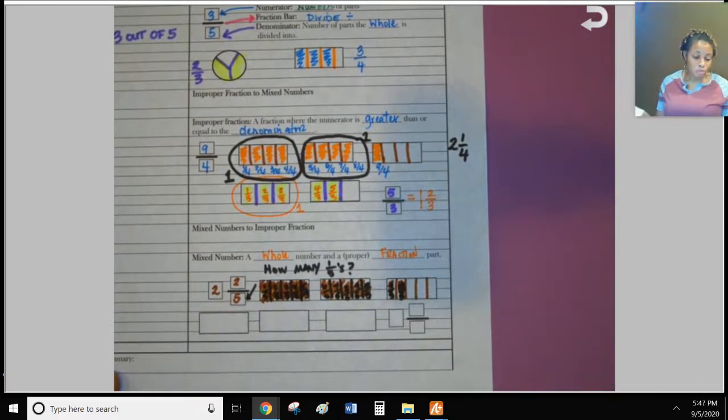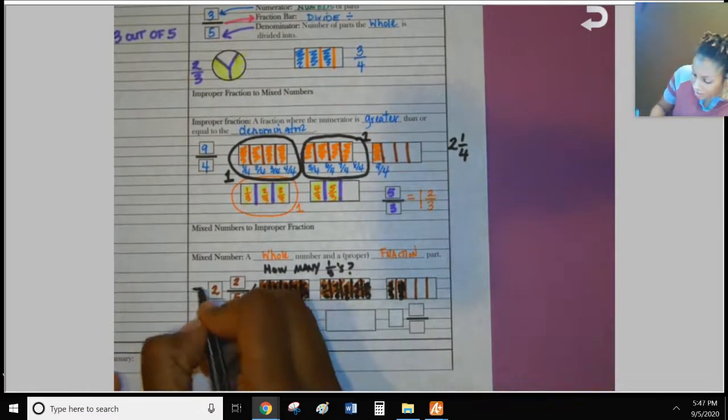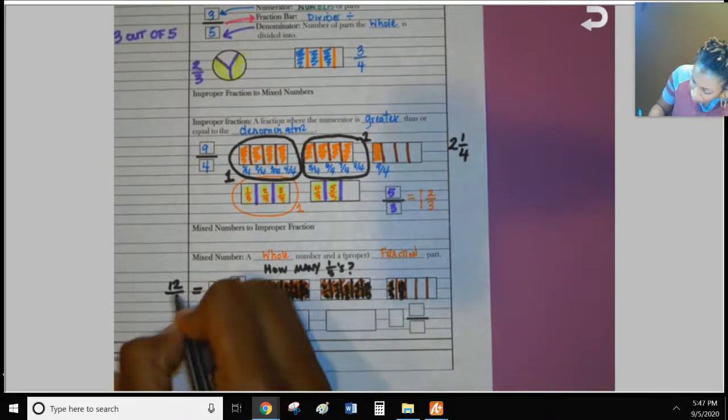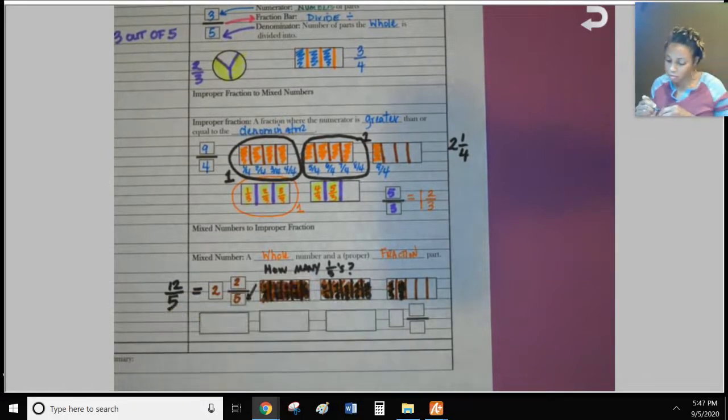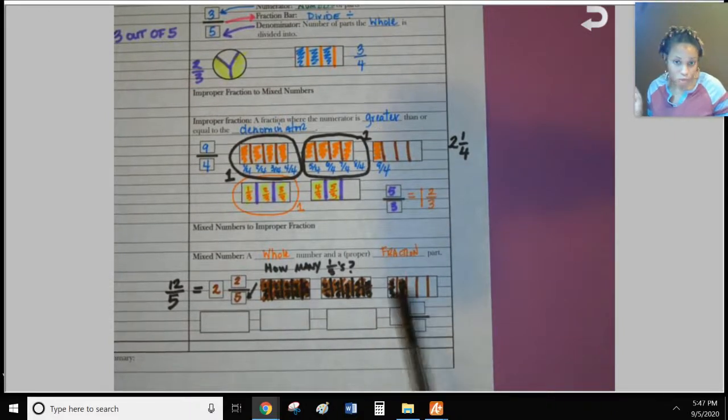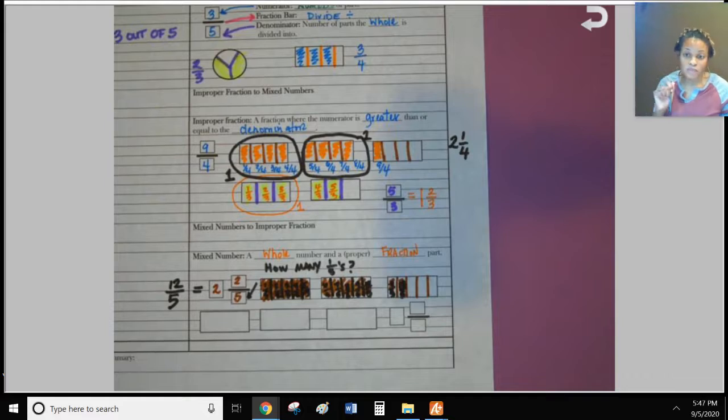So 2 2/5 is the same as 12 fifths. We know that one whole would have 5 fifths and the second whole would have 10, 11, 12. So 12 fifths is equivalent to 2 and 2 fifths.